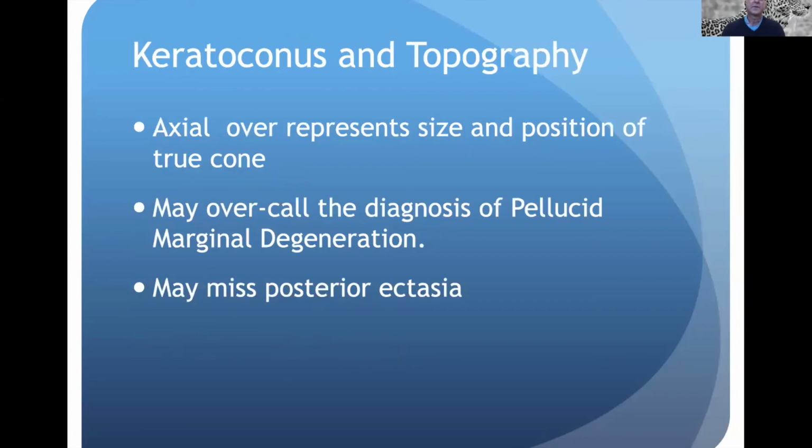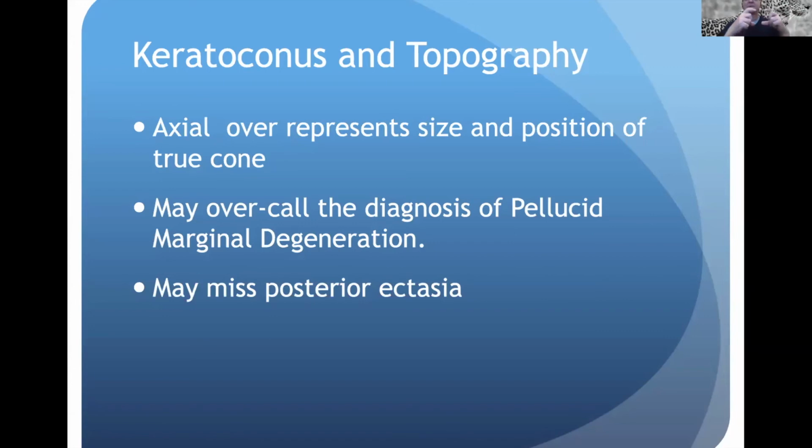We talked earlier about how the axial representation may not give us the true size and position of the cone. However, it does hone us into the diagnosis, keratoconus. I think sometimes the axial may overcall the diagnosis of pellucid marginal degeneration, and we'll see an example of that later on.